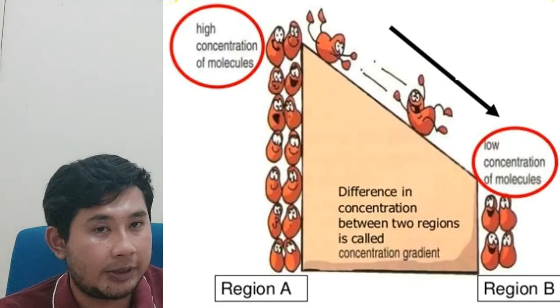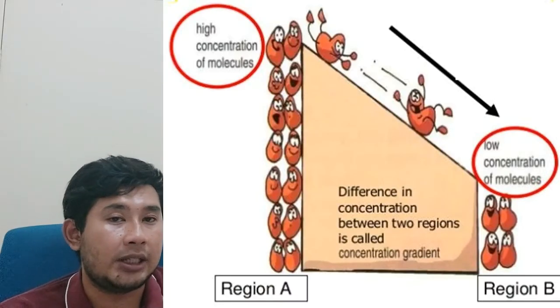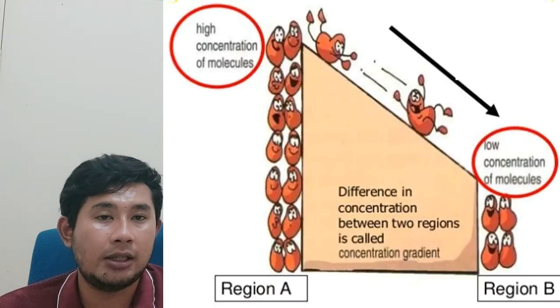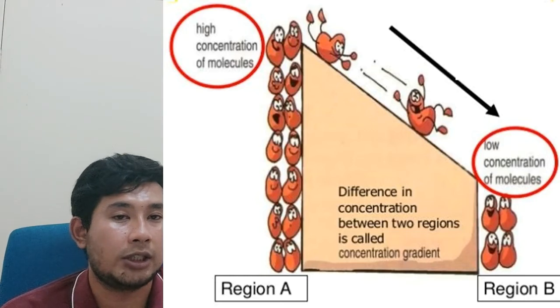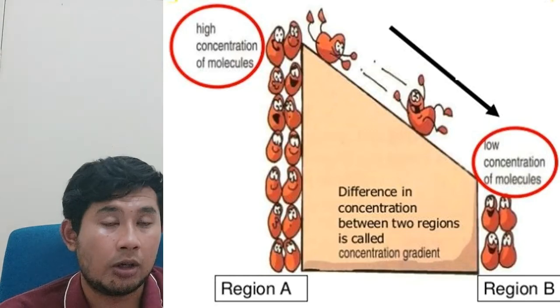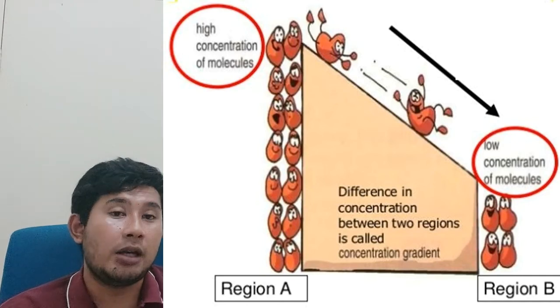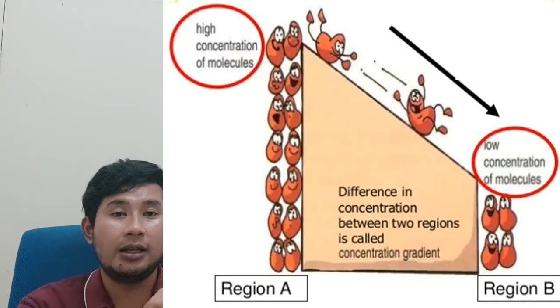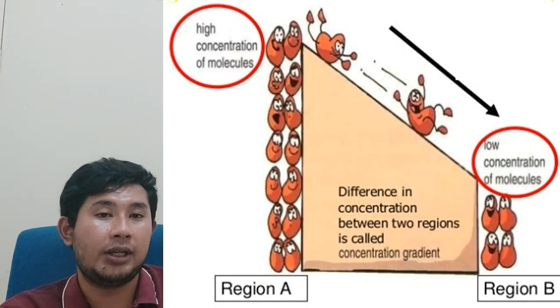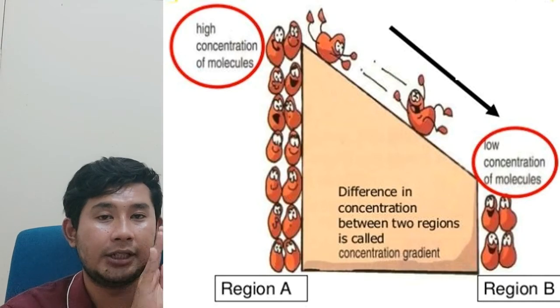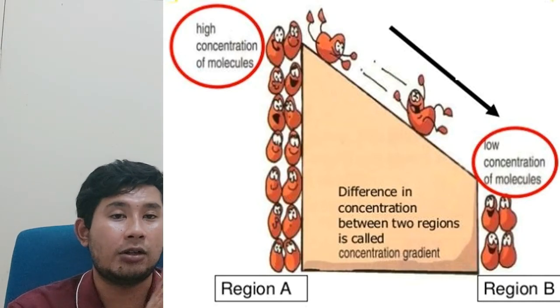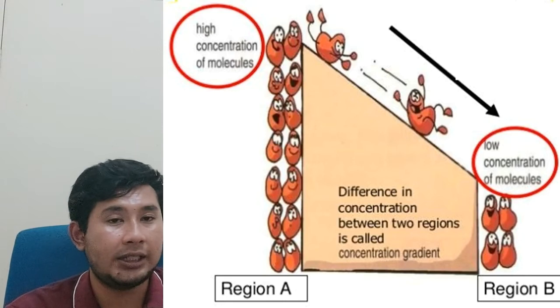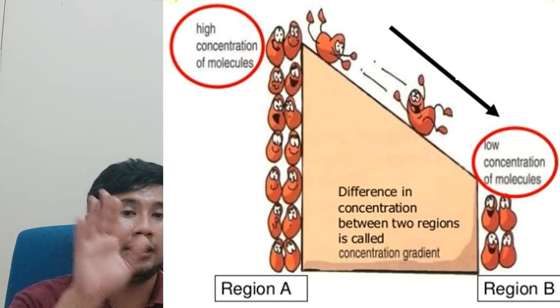What's the meaning of down the concentration gradient? Look at this picture. In this picture you will see region A has a higher concentration of molecules compared to region B. Now we have a difference in concentration between region A and region B. This difference in concentration between both regions is known as the gradient.